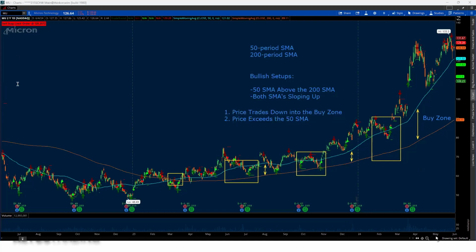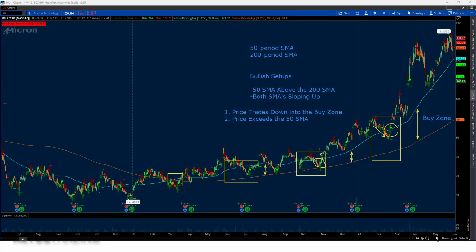So here's a good example of that right here. And we'll zoom in on some of these in just a second. But let's get the rules down first. So notice how price came down into the buy zone and then subsequently back up. And then we have a very strong uptrend. Same thing down here. So price came down into the buy zone.